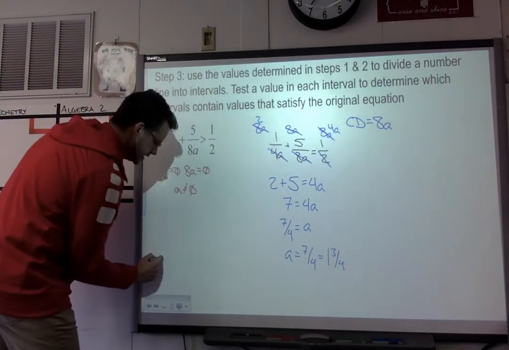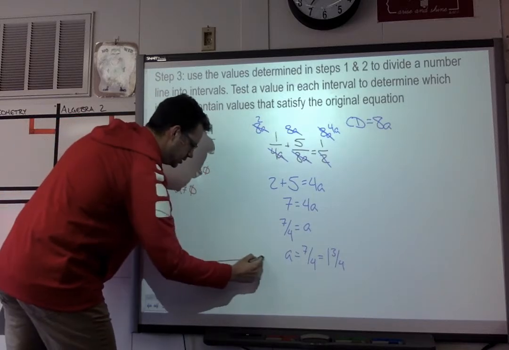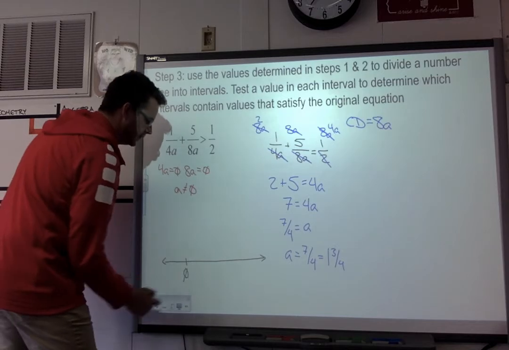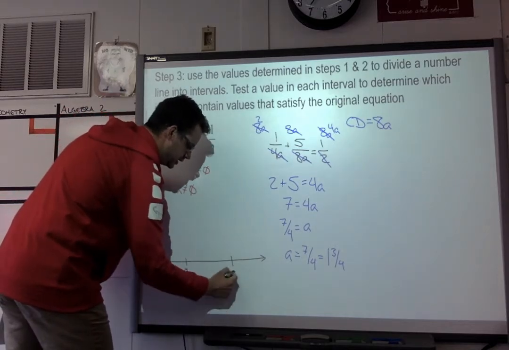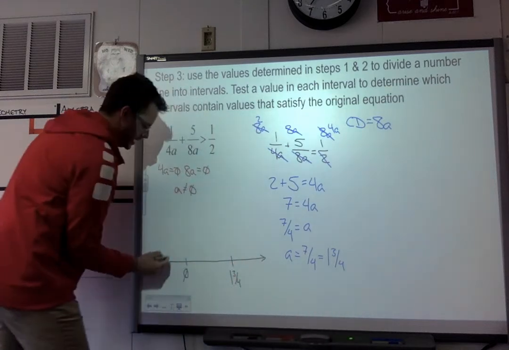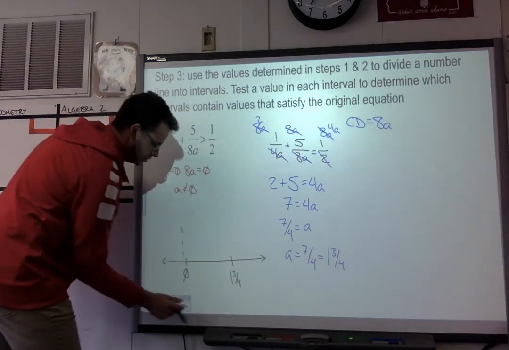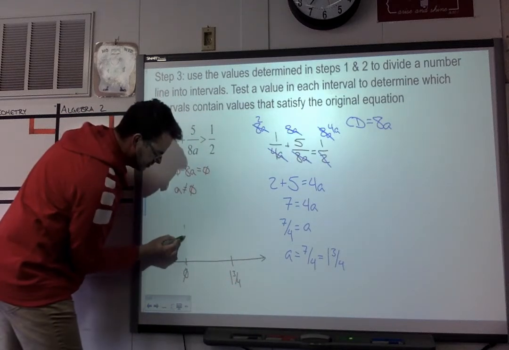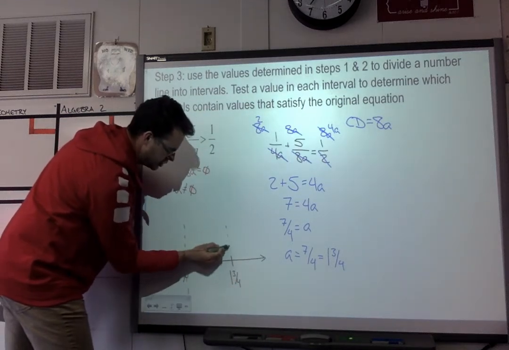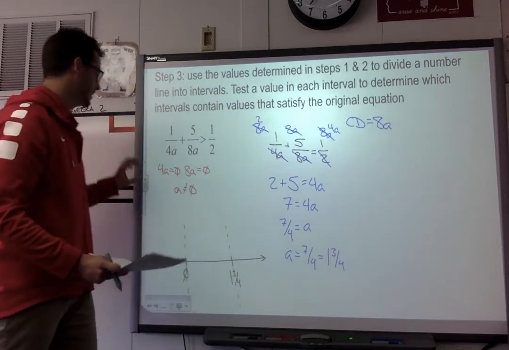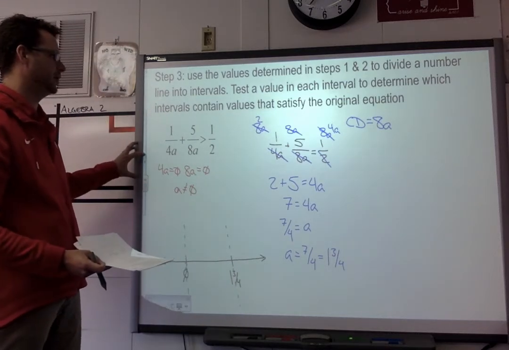So here I'm going to take a number line, and I'm going to put 0 on that number line, and I'm going to put 1 3/4 on that number line. I'm dividing the number line into 3 intervals in this case, based on those 2 values I came up with.